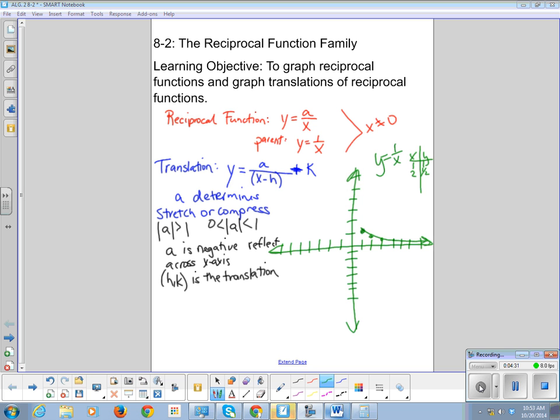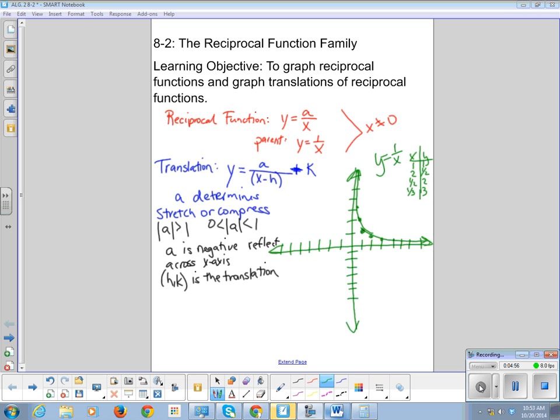When I plug in 1/2, 1 over 1/2 is 2. When I plug in 1/3, 1 over 1/3 is 3. So as I get closer and closer, we get closer to our axis.